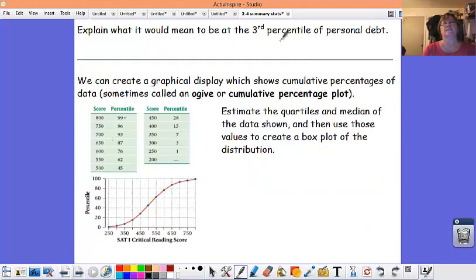What about the other end of the spectrum? What would it mean if you were at the 3rd percentile of personal debt? So think about that, you guys. That would mean that only 3% of the population has less debt than you. That's a pretty good place to be.